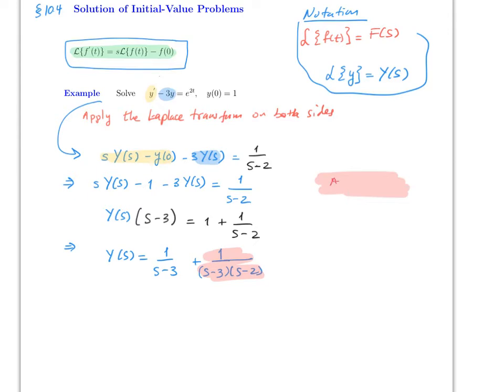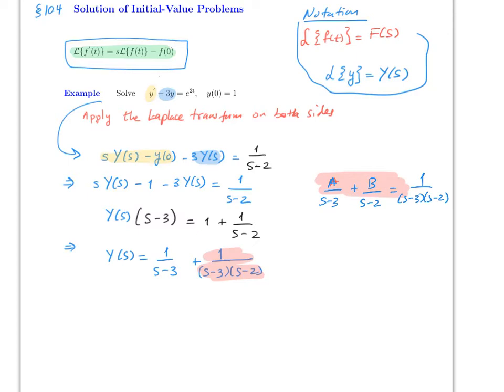We're going to need to find the values for A and B so that this is the case, where the denominator is s minus 3 times s minus 2. We actually did this already. This is the exact same problem we did before.